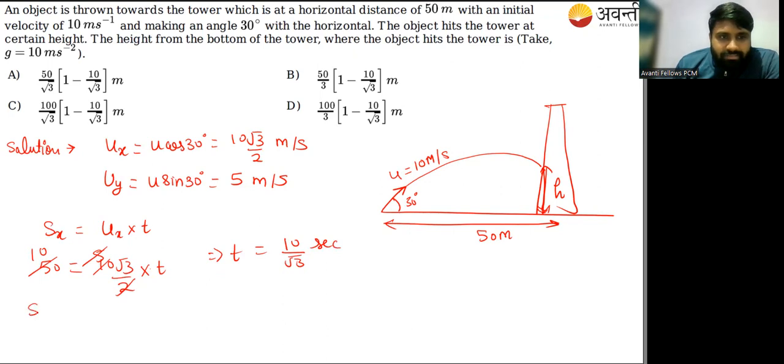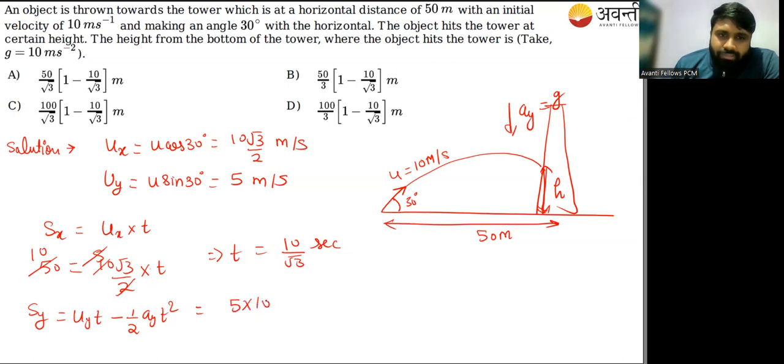Now Sy you need to calculate. We can apply the uniform accelerated motion equation: Sy equals Uy t minus 1 by 2 Ay t square. Why minus? Because acceleration is in the downward direction, which is equal to gravity. So Uy is U sin 30, which is 5.